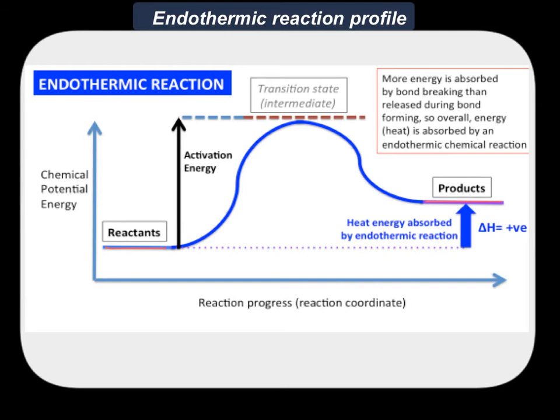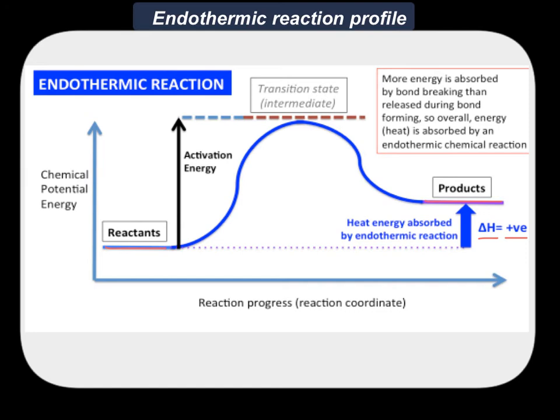Now if we think of this delta H, which is just the change in heat energy, this time the products have a higher energy value than the reactants. The energy difference, when we take the reactant energy away from the product energy, will always be a positive value. So hence endothermic reactions always have a positive energy change.